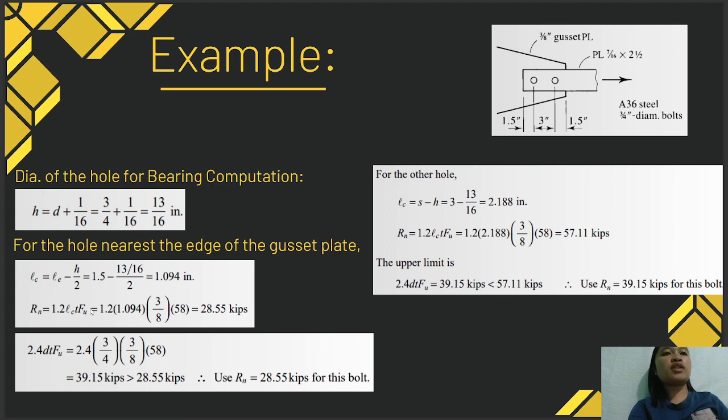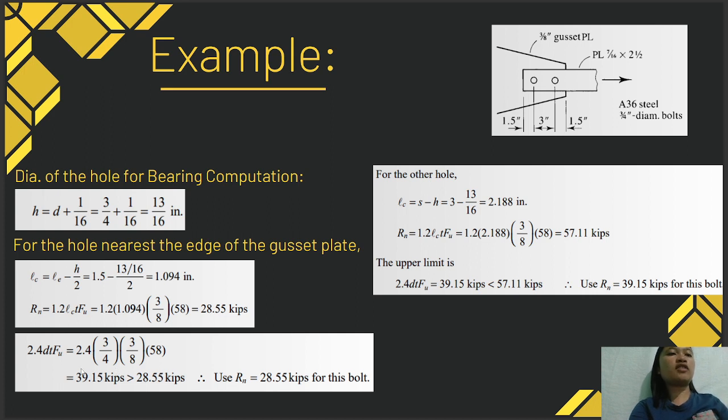Ang kining FU is makuha na siya sa nominal strength or ang grade sa steel na gigamit. So, since A36 man siya, ang atong gamit is English unit. So we have now ato ang FU is 58. So ato nang kuhaon ang product, we have now the nominal strength which is equal to 28.55 kips.